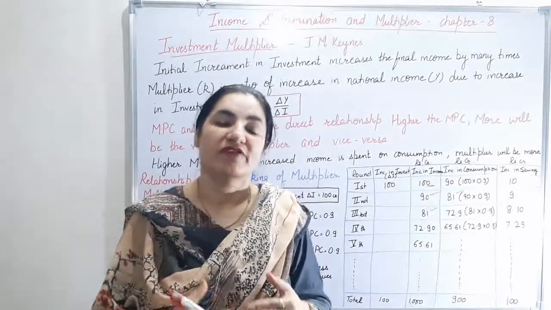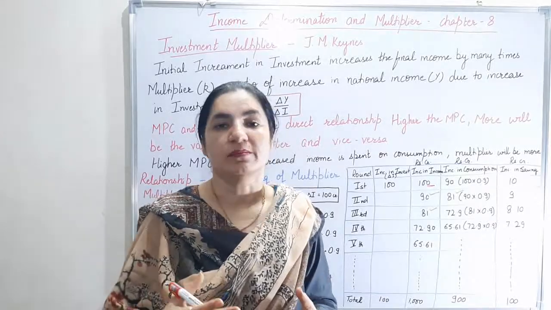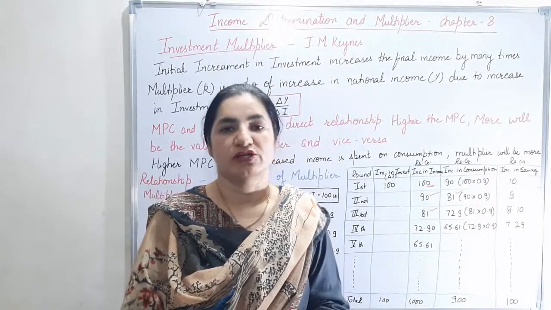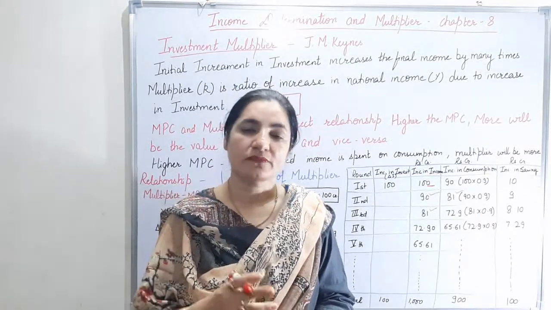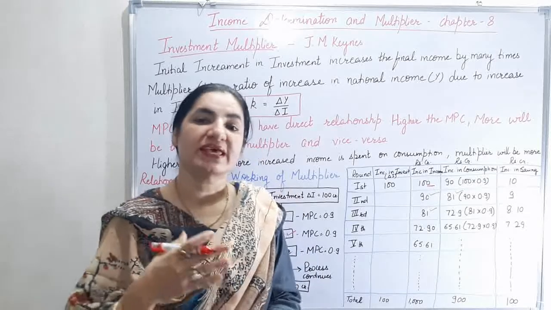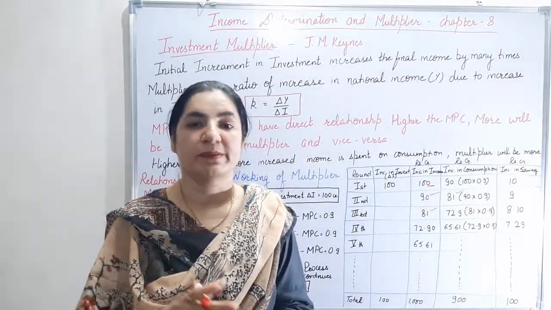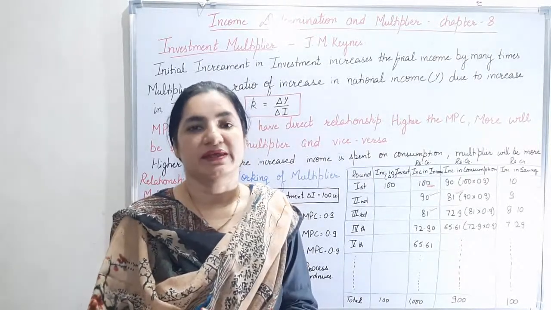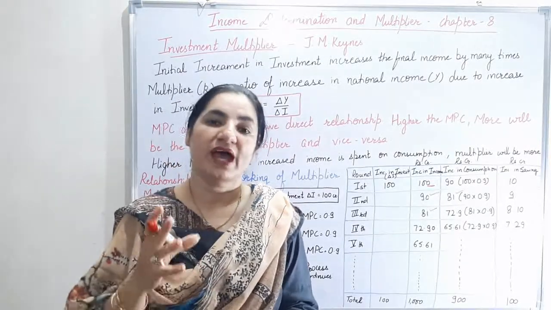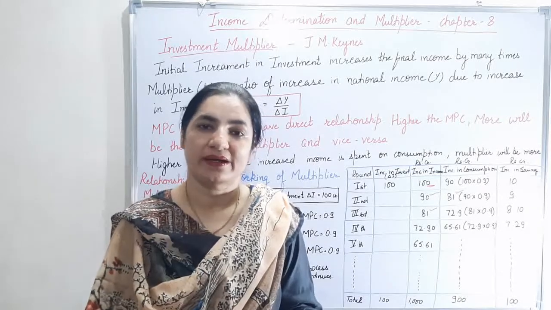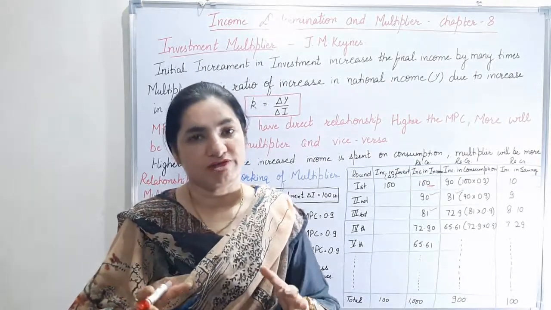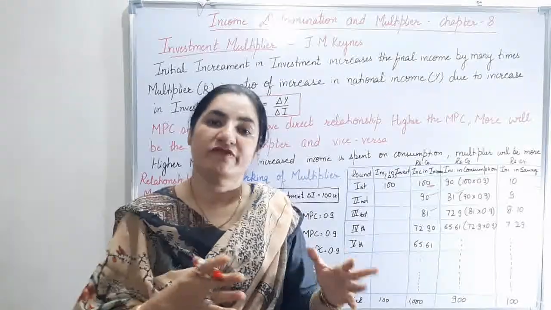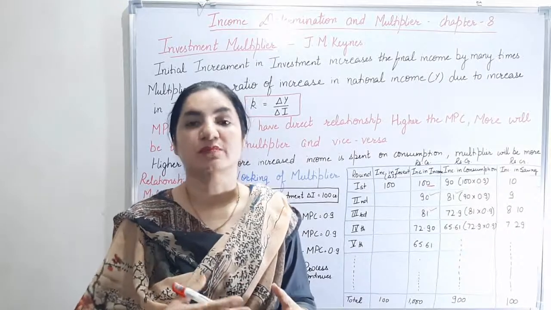It means that if MPC is high, the multiplier will also be high, and if MPC is low, the value of the multiplier will be low. It is because if MPC is high, it denotes that people are consuming more of the additional income and saving less. We have to keep this fundamental in mind: the consumption of one person becomes the income of another, and the system goes on.